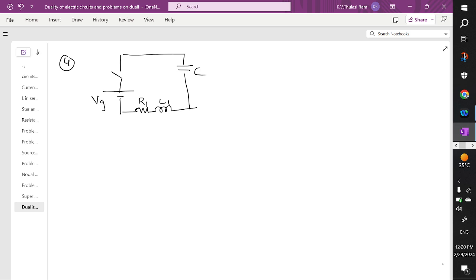This is the voltage source. This switch is closed at t equal to 0. Here you have an inductance, and after this inductance you have a resistance. Inductance is L3, resistance is R3.